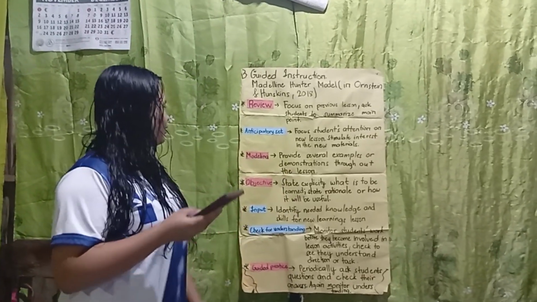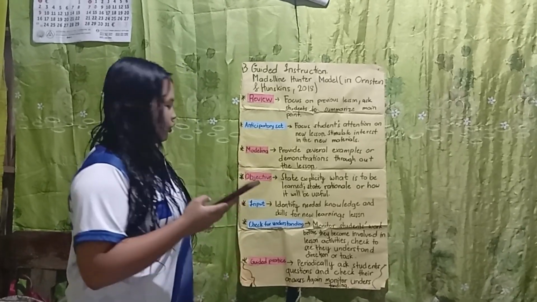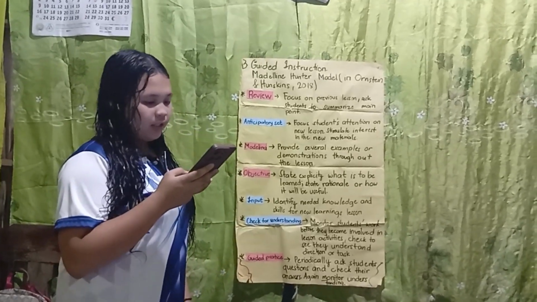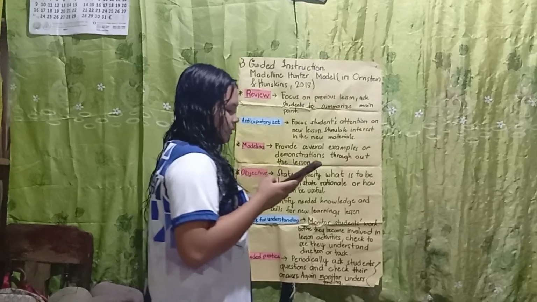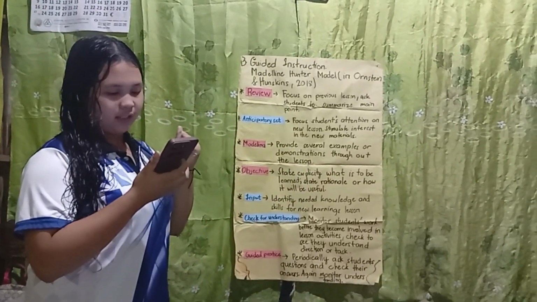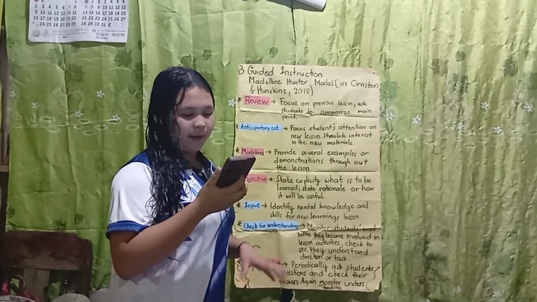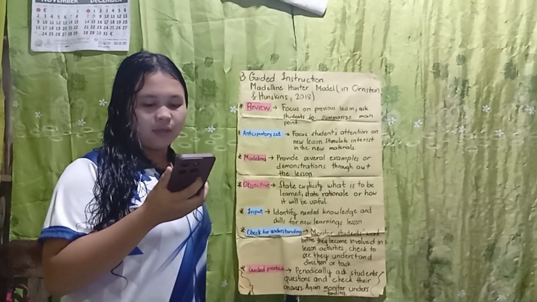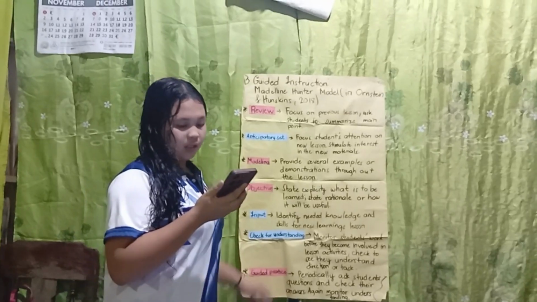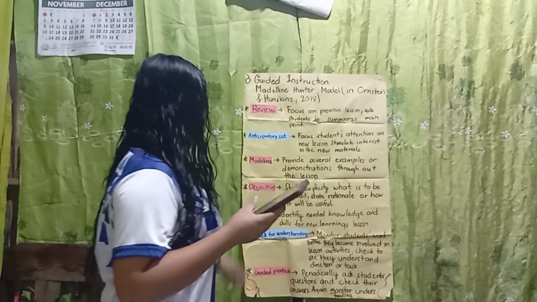Then modeling provides several examples or demonstrations throughout the lesson. You need to demonstrate the concepts to show students how to apply the new knowledge, providing clear and concise models for them to follow. The more examples you provide, the better the students will understand.